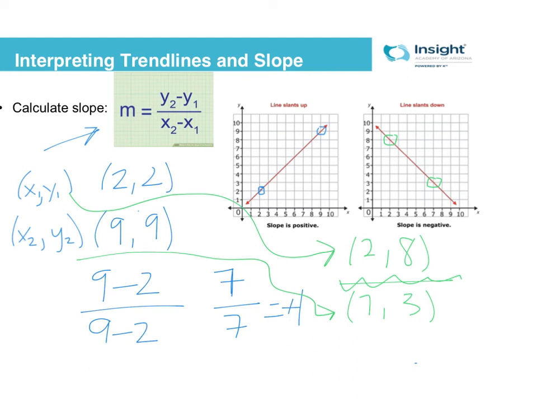So now I'm going to plug that in. I'm going to have 3 minus 8 over 7 minus 2. It's important that you make sure to always use the same point first in both parts of the calculation so you get your signs right. So 3 minus 8 is negative 5 over positive 5, and that ends up being a slope of negative 1.